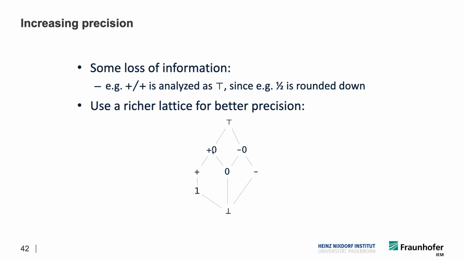So it's really any positive number, possibly including 0. And similar here, we have a minus 0 as well. And you can always have richer lattices with better precision, but as we will see later, there are trade-offs between such lattices because often the larger your lattice is, the worse the performance of your analysis can also be.